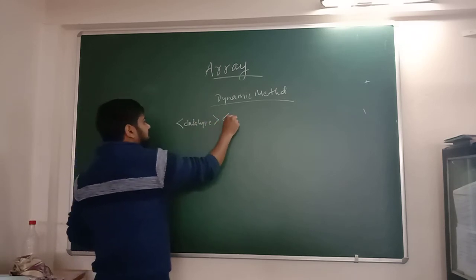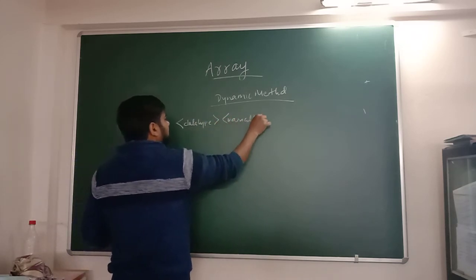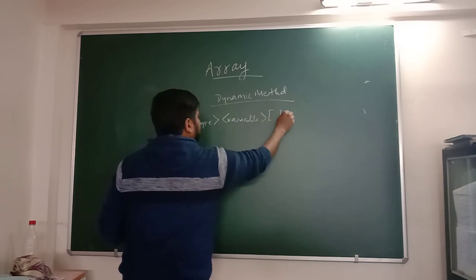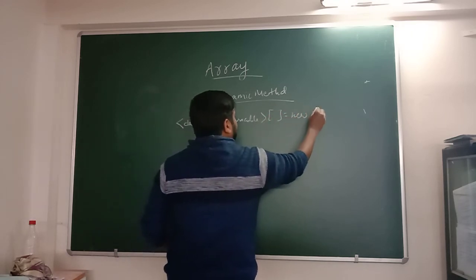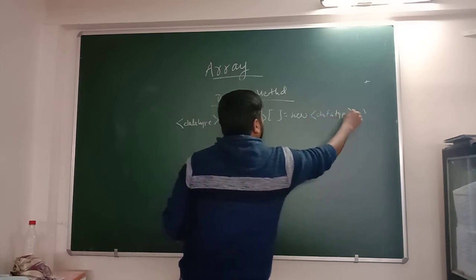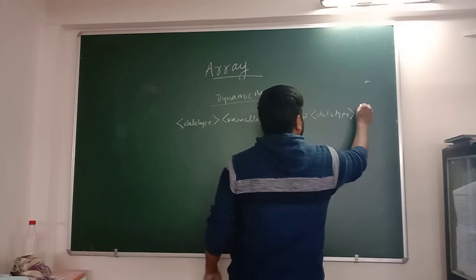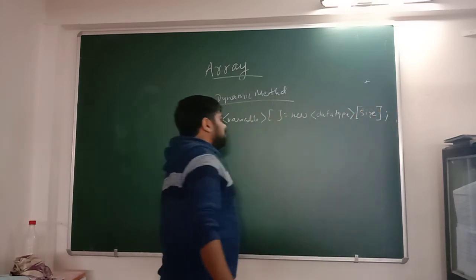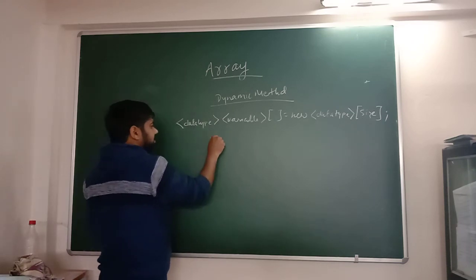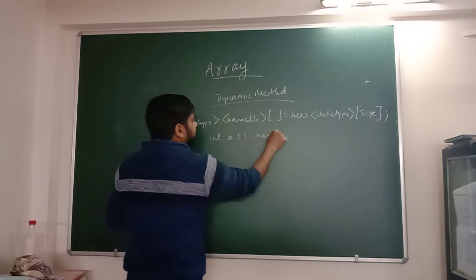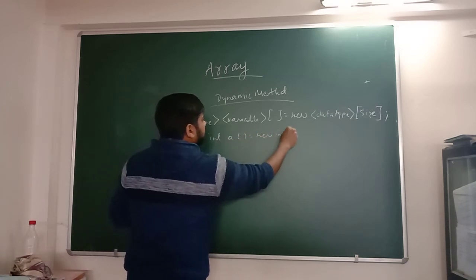variable, equals new data type, and here it will be a size. Take an example: int a equals new int 5.